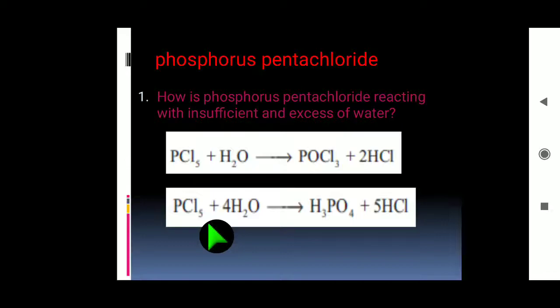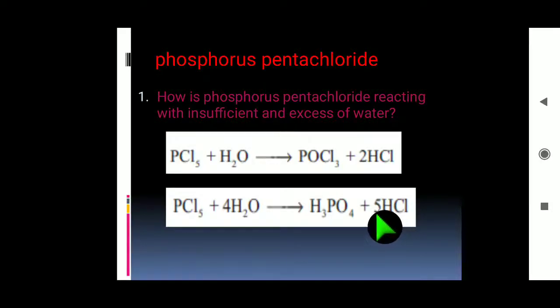Next equation, PCl5 reacts with excess water, 4 moles of water. It gives phosphoric acid with hydrochloric acid. Here the chlorine is 5 on the left side, and on the right side you write 5, so chlorine is balanced.